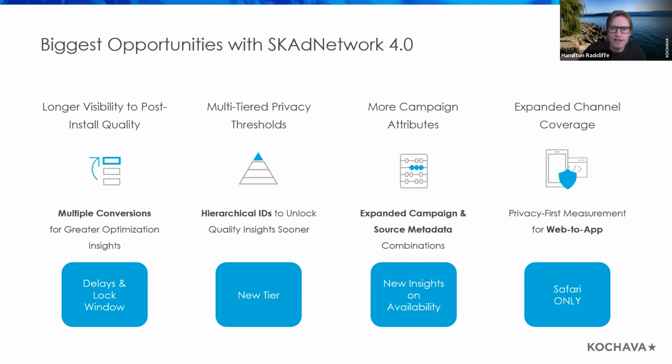The next component of value is the more campaign attributes. So with these tiers, if you hit a certain volume, they can give you more details. By and large, that's going to come in the form of campaign attributes. Y'all are familiar with the campaign ID. It's a 2-digit number that comes in with SKAD in previous versions. That's going to change into a source ID, which is a 4-digit number. And that's going to give you just more information about your campaigns.